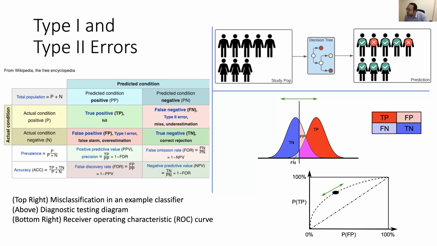Does that make sense to everyone? And you could tune your model to move this line anywhere. When you tune your model, every realization of this tuning is a point on this curve.